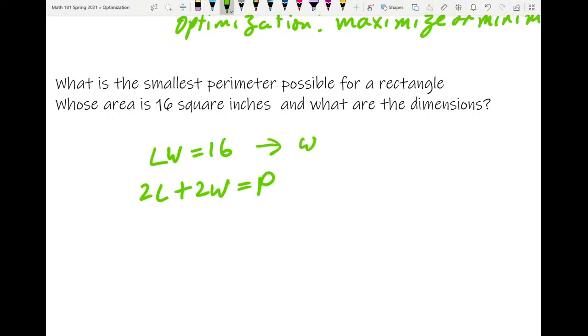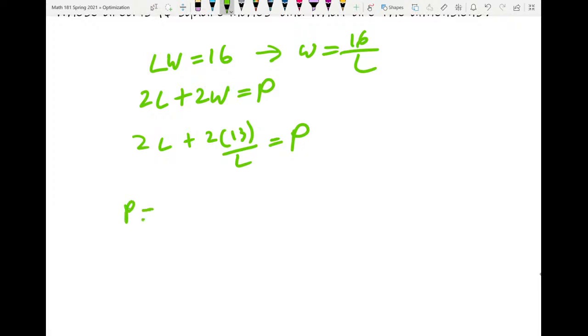From that, we could say W equals 16 over L. And then we get P equals 2L plus 2 times 16 over L. If you simplify it, you get 2L plus 32L to the negative 1.